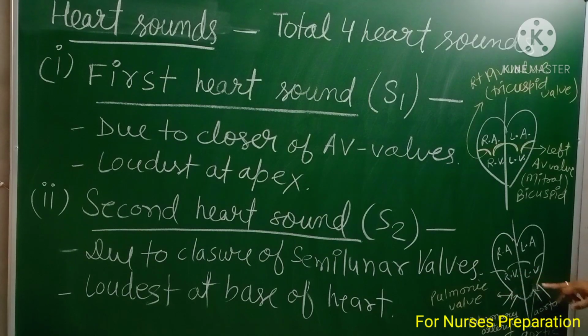In the left ventricle, the aorta is connected. At their junction, a valve is present. This is known as the aortic valve or aortic semilunar valve. So, pulmonic and aortic are the two types of semilunar valves. When these valves are closed, at that time the sound produced is known as the second heart sound or S2 sound.